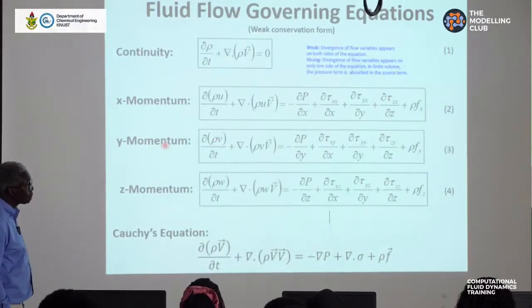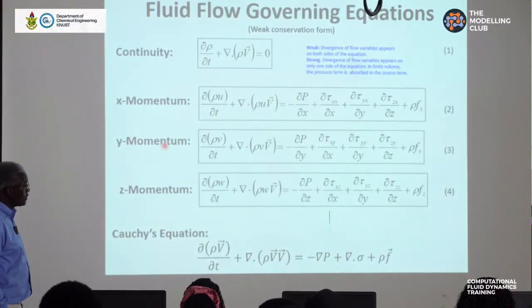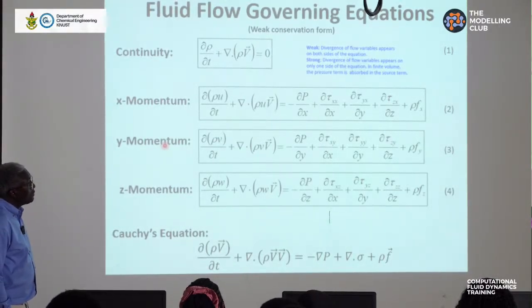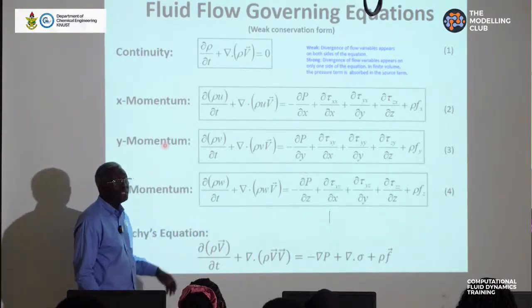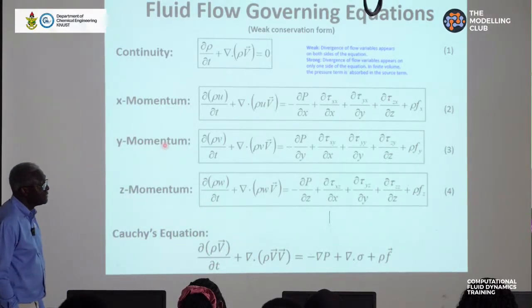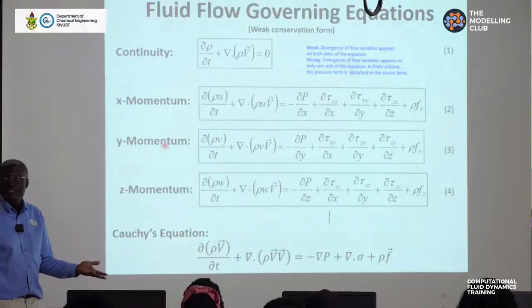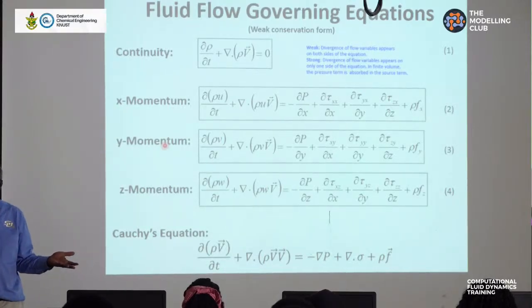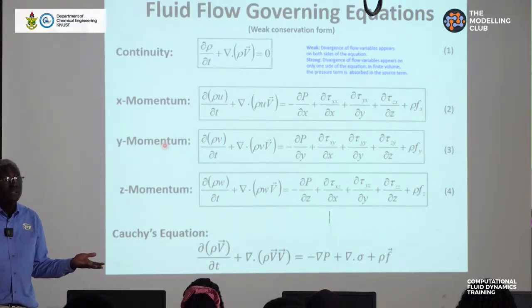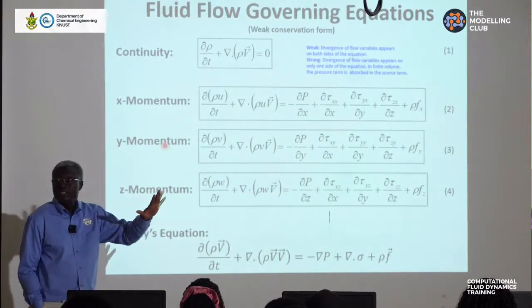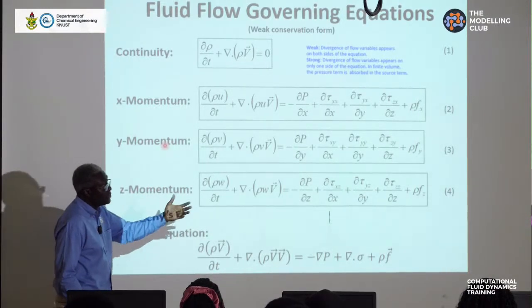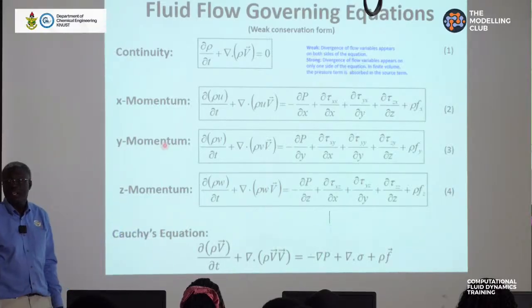And then also, we have constant properties, so you can basically factor out the densities. Constant properties also affects what? The viscosity. So that viscosity can also be factored out.